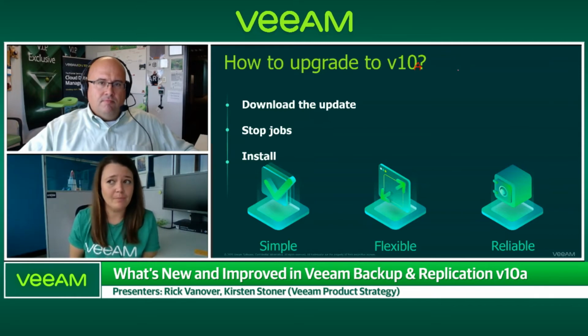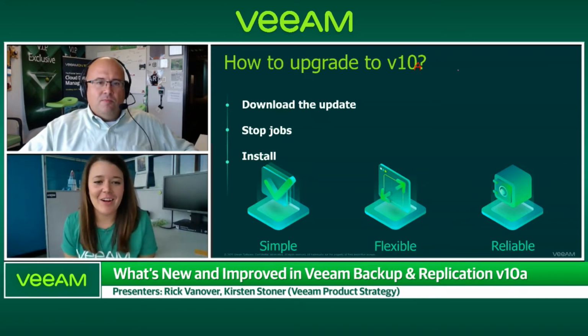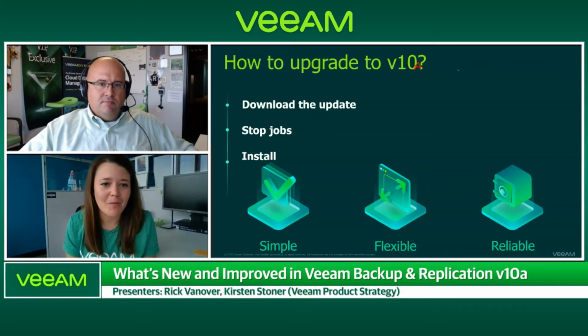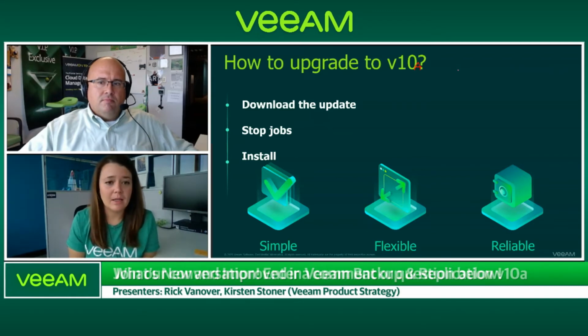You are supposed to stop all the jobs before you upgrade. And then you're going to mount the ISO and perform the upgrade through the setup wizard. As you go through the wizard, you can choose to update the remote components automatically. That makes things a little bit easier for you. And then click, click, click, and you should be ready to go.